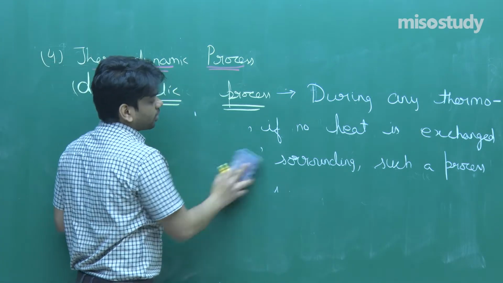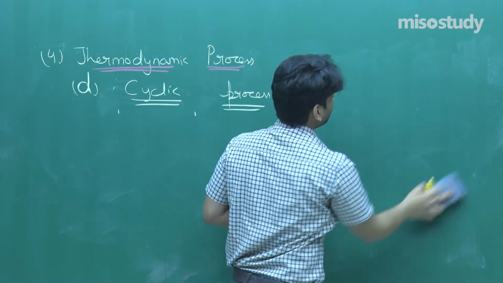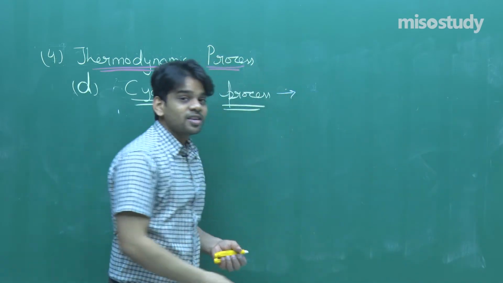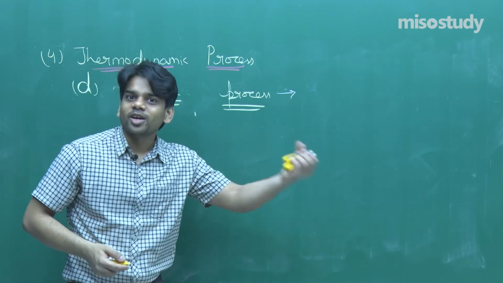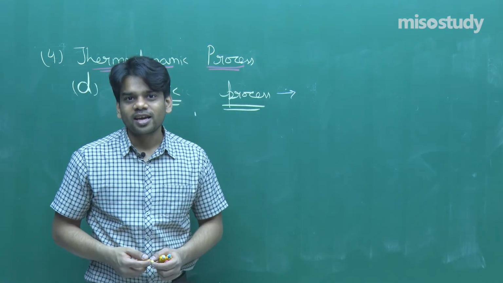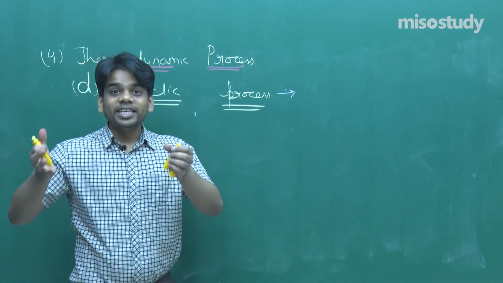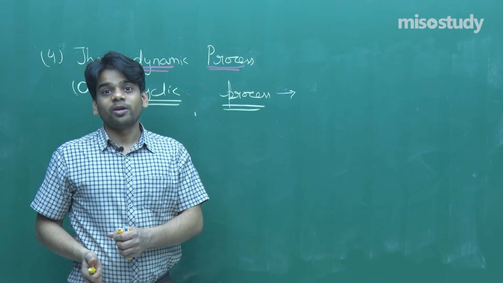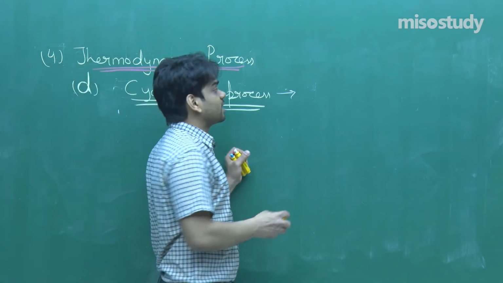See, in each of the processes, we are varying the thermodynamic variables. If we know the initial variables, if we vary the variables and reach a final state, and again from the final state we reach the initial state such that the initial thermodynamic variables are equal to the final thermodynamic variables, such a process is a cyclic process.